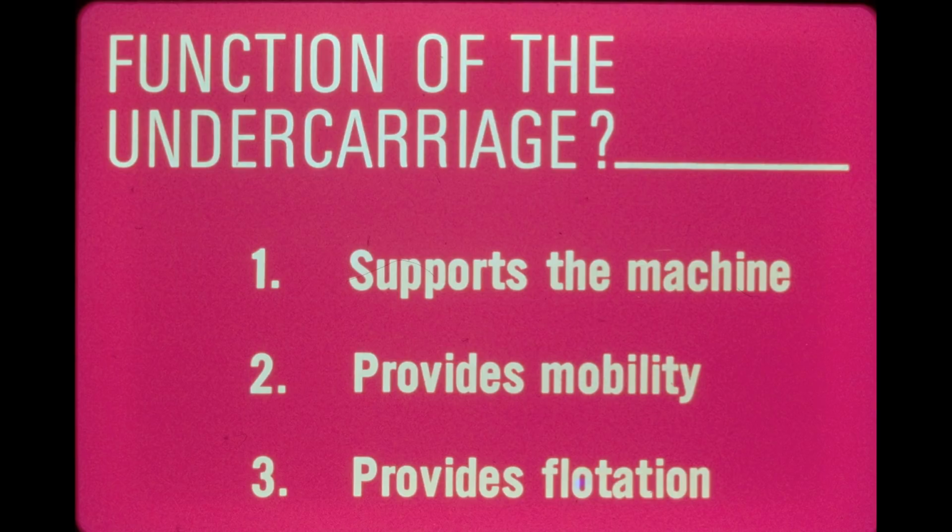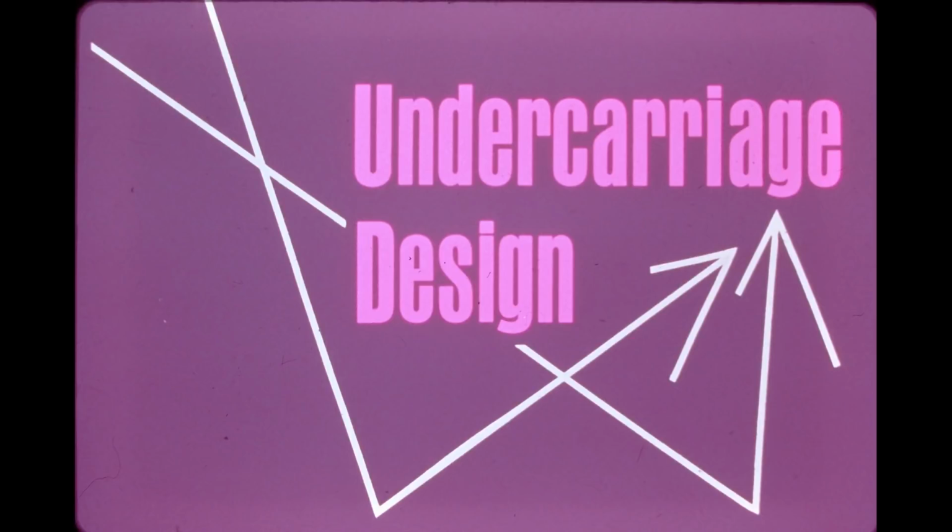And just what is the function of the crawler undercarriage? Very simply, the undercarriage supports the machine, gives the machine mobility, and provides flotation. With the functions of the undercarriage now in mind, we must now look at undercarriage design to determine how these functions are accomplished.